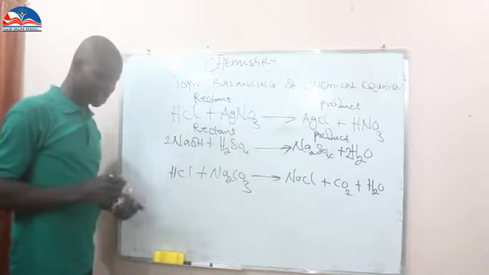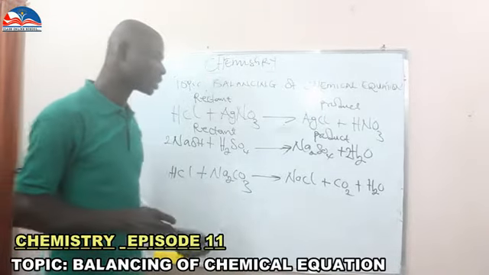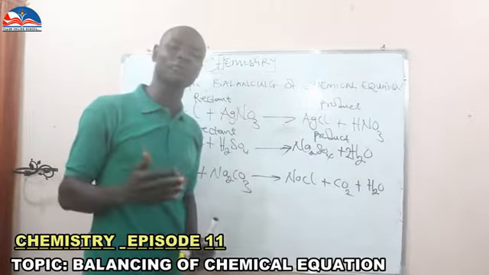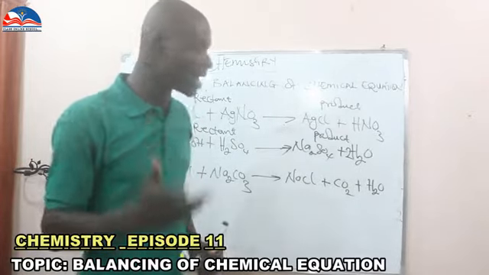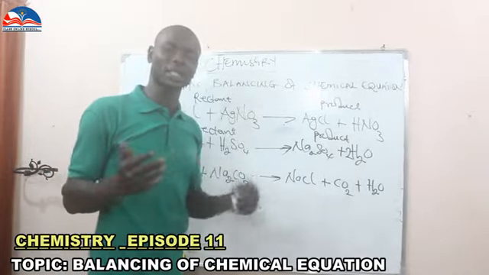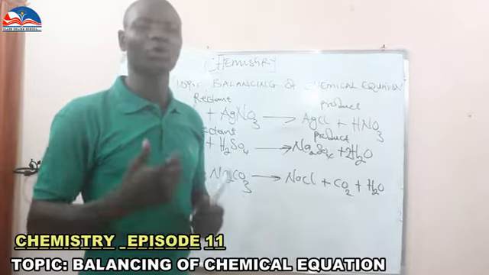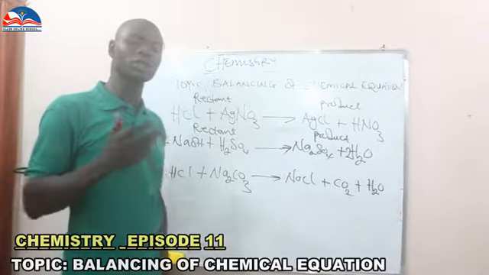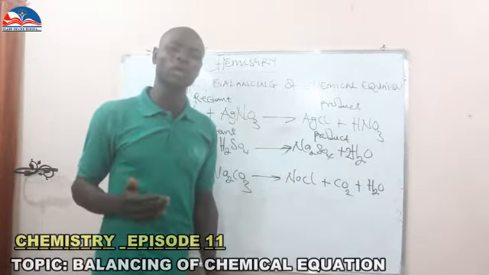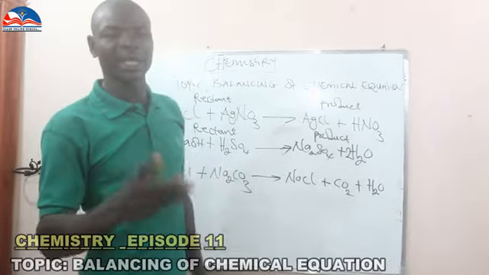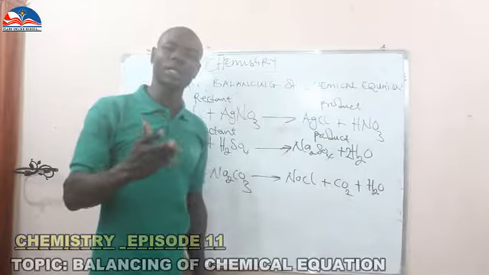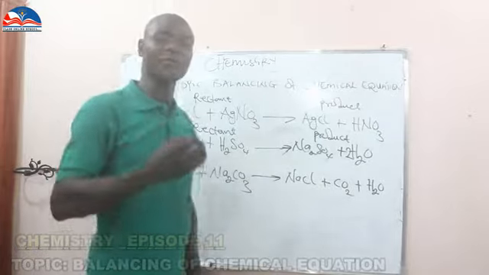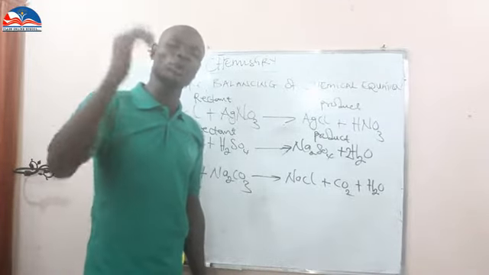Now the question is, when you see something of this nature, is the equation balanced? Because anything that you are solving, by the time you move ahead to the extent that you enter into titration, what we call the quantitative analysis and qualitative analysis. Under quantitative analysis, for you to calculate the concentration of your acid in mole per dm cube and the concentration of base in gram per dm cube, the volume of base, the concentration of acid and the volume of acid, it must have a mole ratio where you have nA over nB.